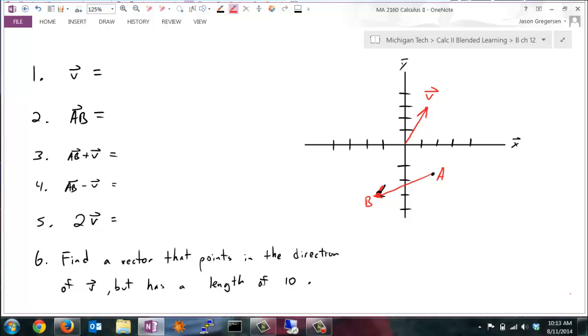So v is at minus 2, negative 3. I wanted an integer value, so I didn't call that very well.